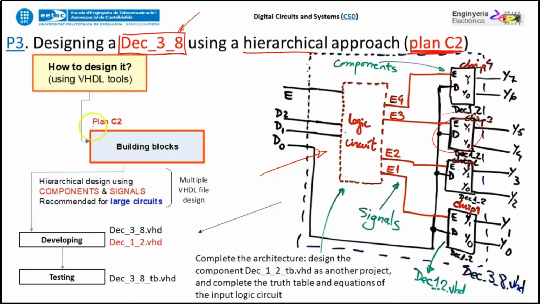So in the end, using this new plan, building based on building blocks, and signals and logic, you will have a kind of a multiple VHDL file. And when you've got them all, the top entity, decoder 3 to 8, the one that you see here in this picture, and also the VHDL of the internal components and everything else, like the truth table of this logic circuit.